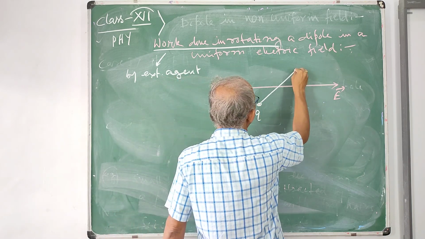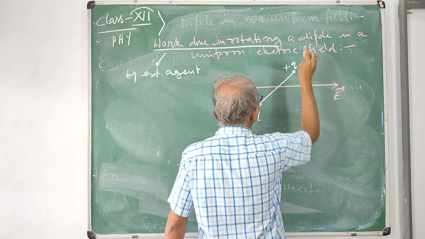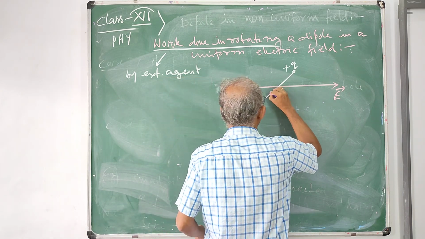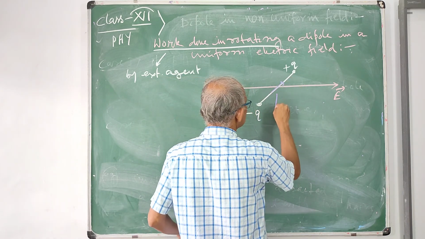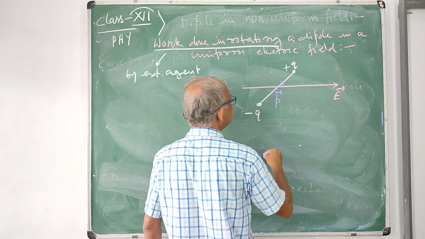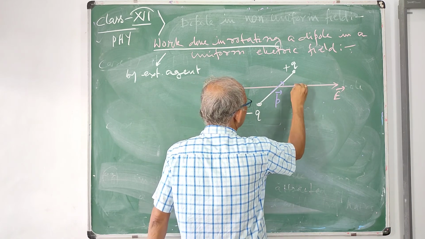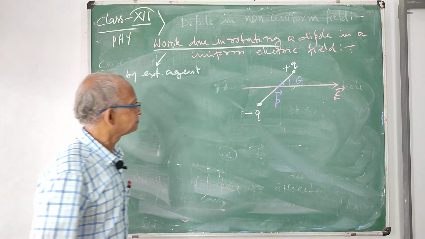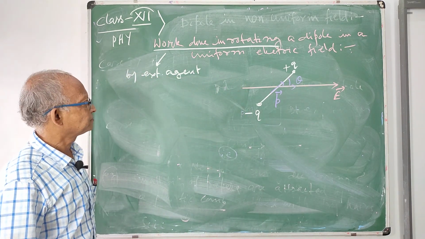Let this be minus Q and this be plus Q. So this is the dipole moment P, at angle theta with the electric field.